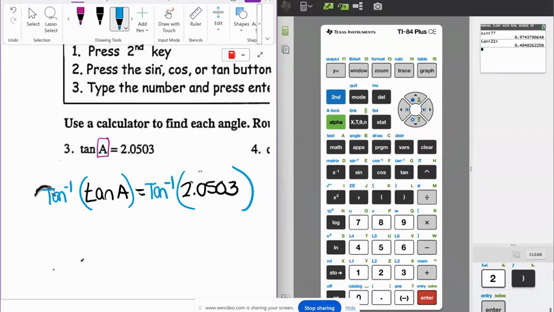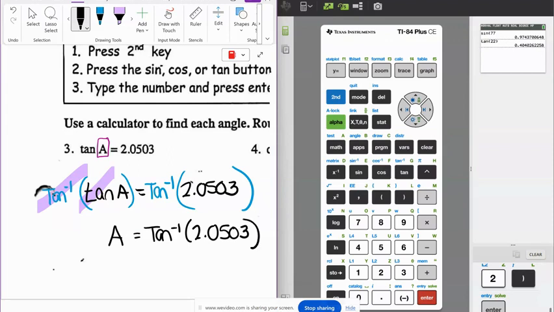And when I multiply by that inverse of tangent, what happens is the two tangents on the left side cancel each other and only the A is left.